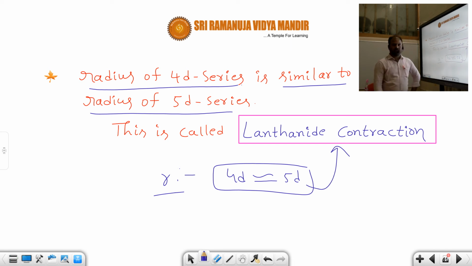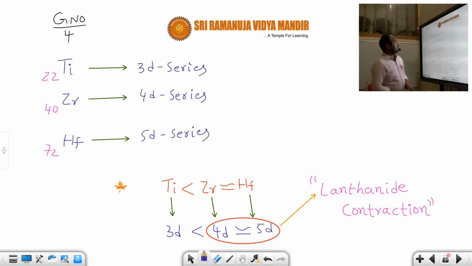This is called lanthanide contraction, because the lanthanides come after lanthanum and before hafnium. Lanthanum has atomic number 57 and hafnium is 72. The contraction occurs after lanthanum, that's why it is called lanthanide contraction. I already told you this is group number 4.